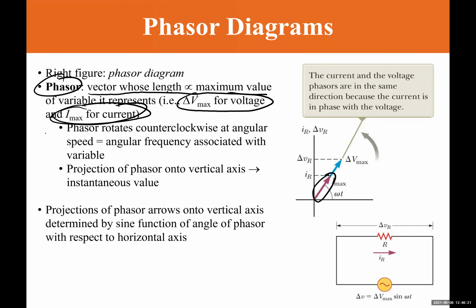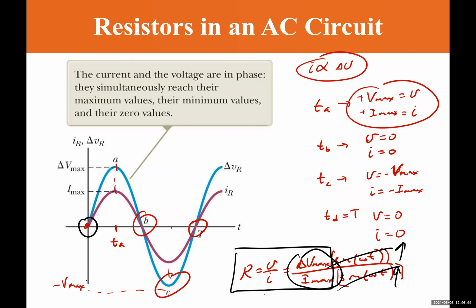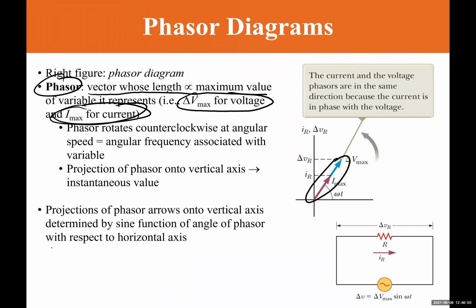And here the current phasor is in phase with the voltage phasor. The blue here is the voltage. Both of them are in phase, so according to this, both have the same time zero, same time maximum, same time zero, and so on and so forth. So we put them together like that.